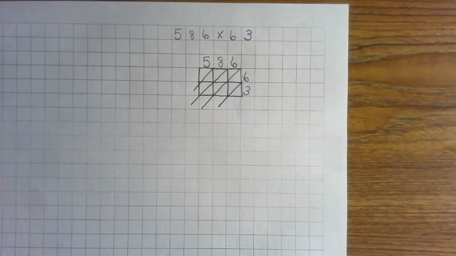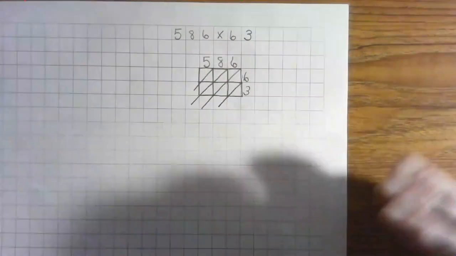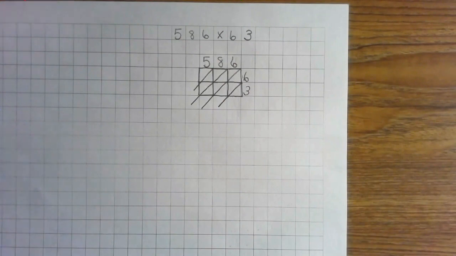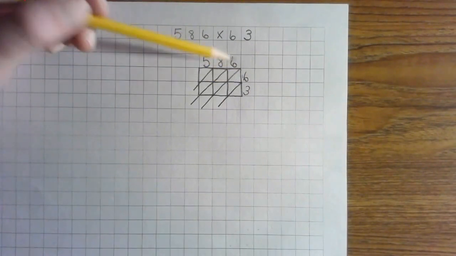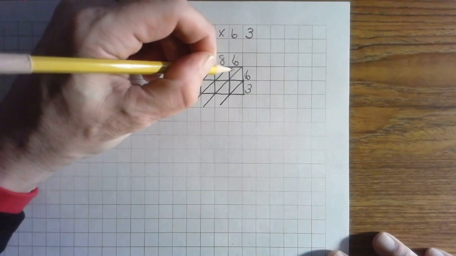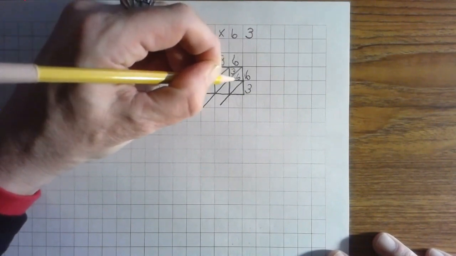Once I have drawn my lattice box and I have my numbers in the area where I want them, I will start multiplying. 6 times 6 is 36. The 3 will go up, the 6 will come down.